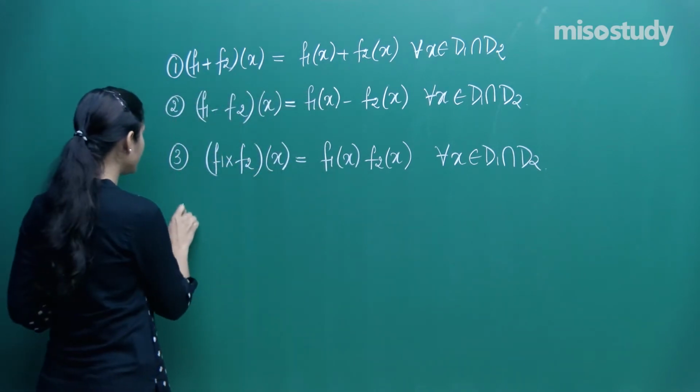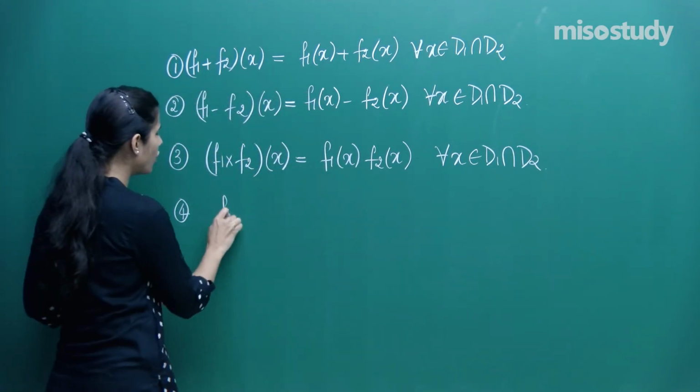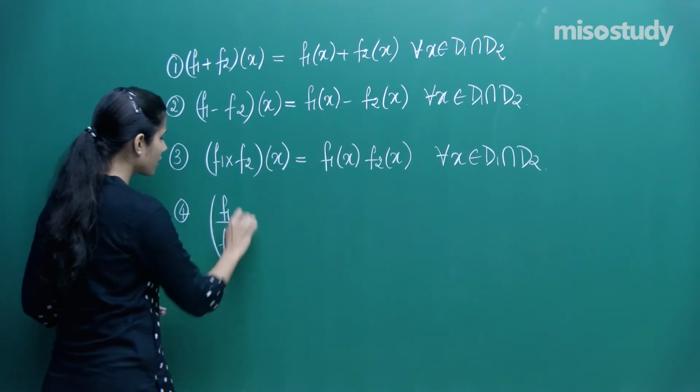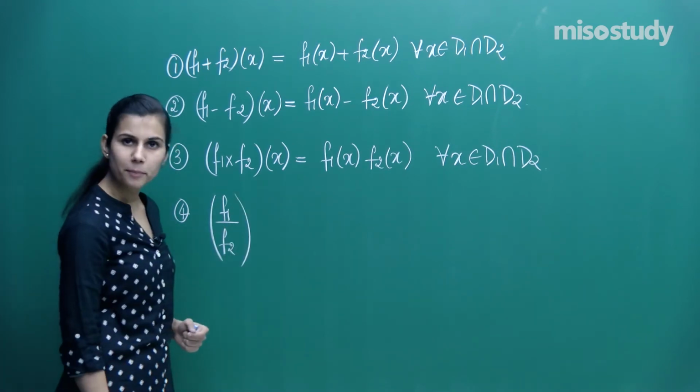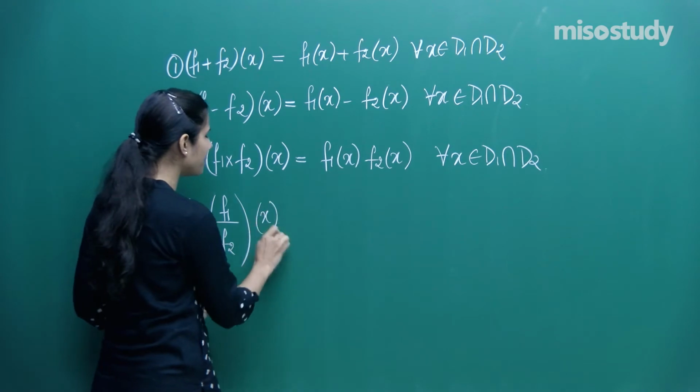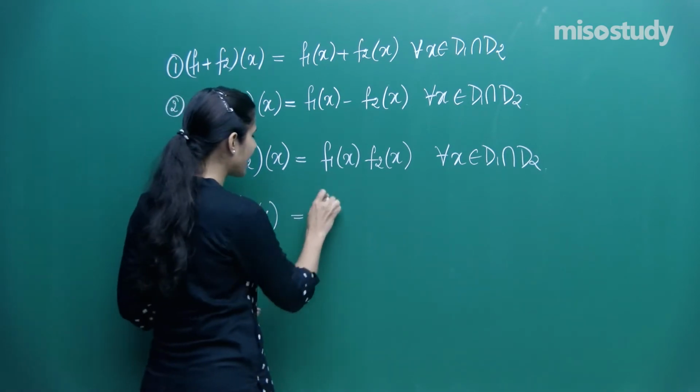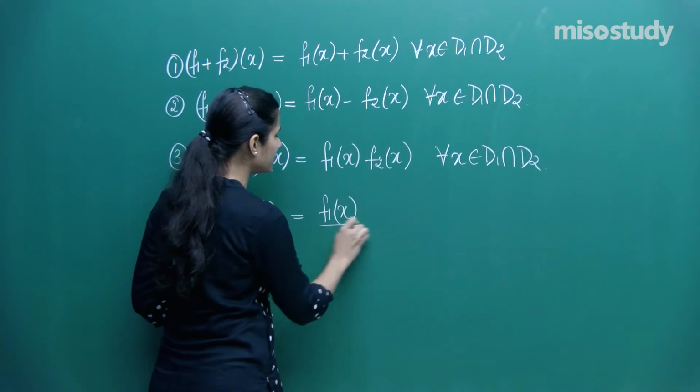And the last which we did in the last lecture was quotient of f1 by f2, and when this acted upon an input x, it behaved again in a point-wise division manner.